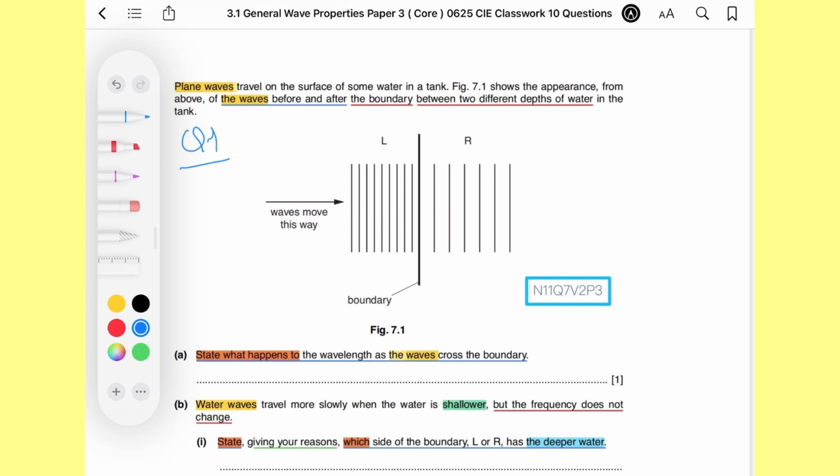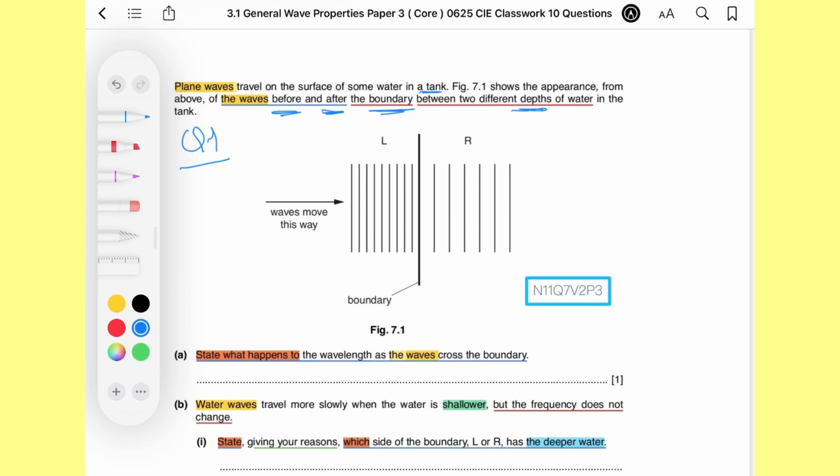They travel on the surface of water in a tank, showing the appearance here as shown from above. You have here the waves before and after the boundary. We have here two different levels, two different depths of water, but we have no idea about the depths, which one is shallow and which one is deep.